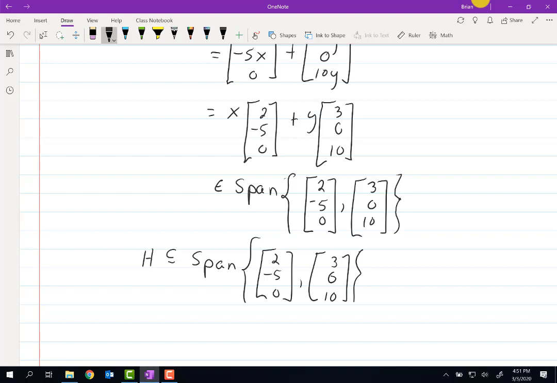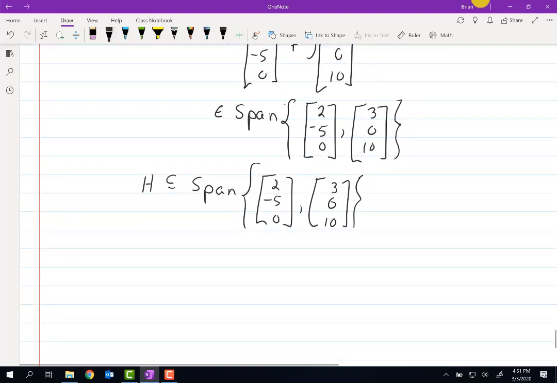Now, what I actually want to do is show that H equals that. Then if I can show H is equal to that, I know that this set H will be a subspace because it will be equal to the span of vectors.